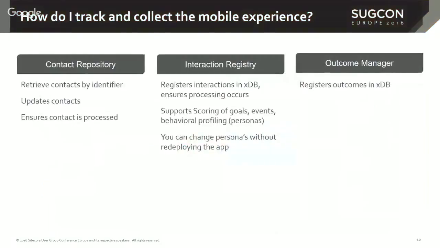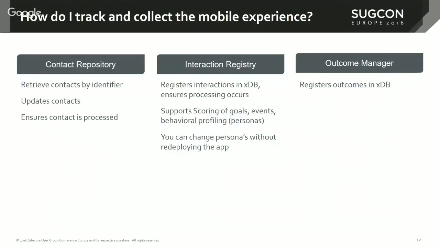So a bit more detail on these APIs. I mentioned what the contact repository was. The interaction registry is an API that allows you to collect interactions or track interactions somewhere else. And then once you've got that full interaction record, you can replay that interaction in the registry itself. And what it does is it goes through all the pipelines that normally execute during a web session and replays those.